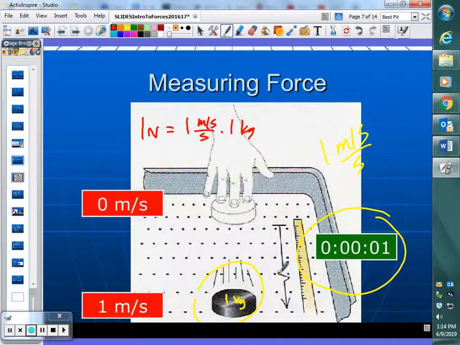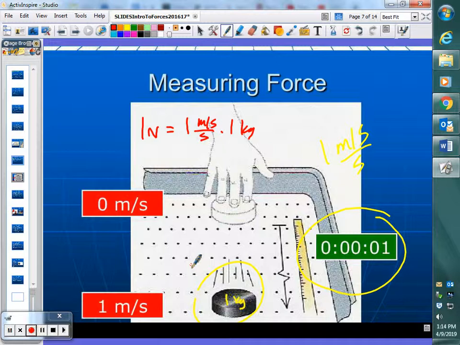Let's say that this hockey puck was heavier and it wasn't 1 kilogram, it was 2 kilograms. If we pushed it by the same amount, how fast would it be going here? Only half a meter per second, right?